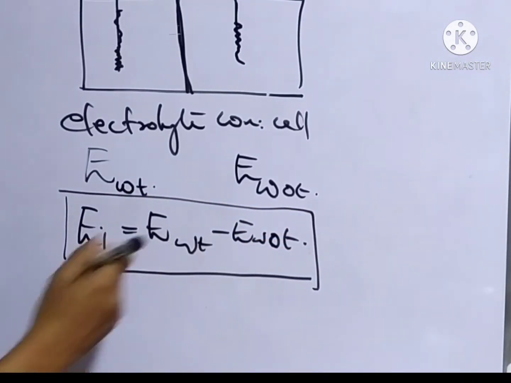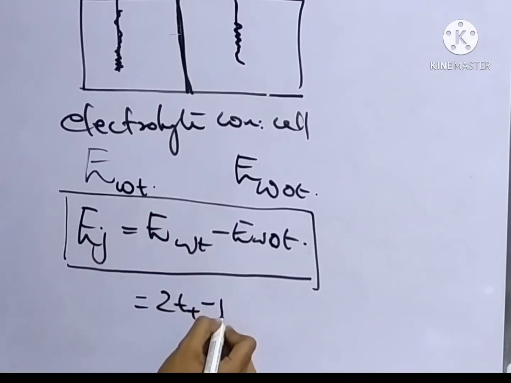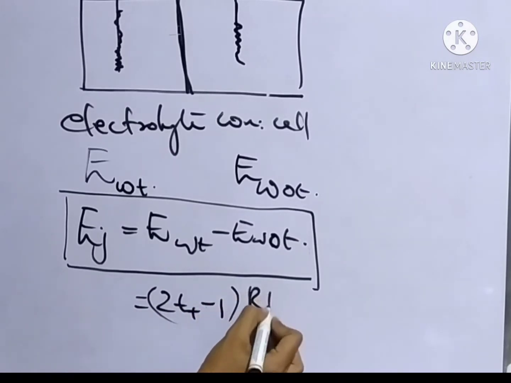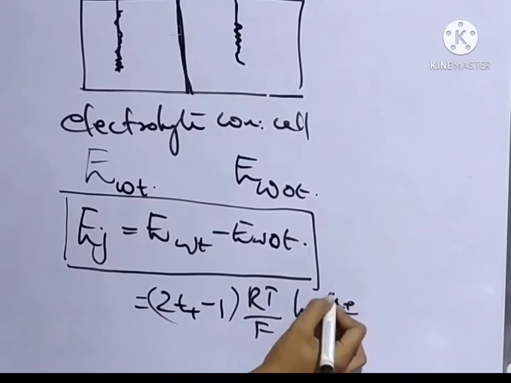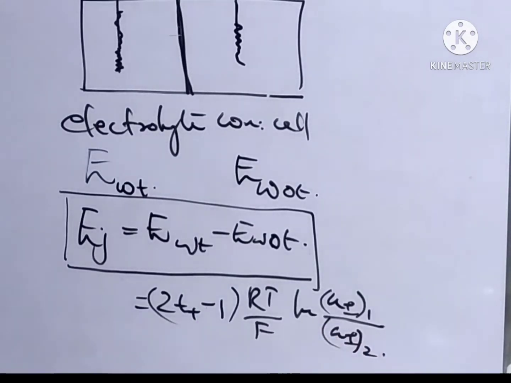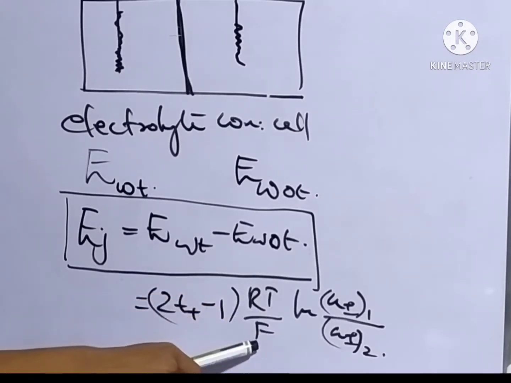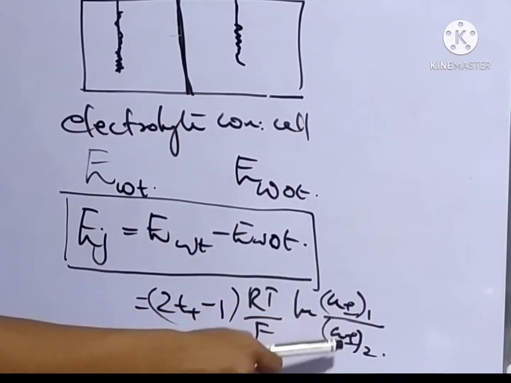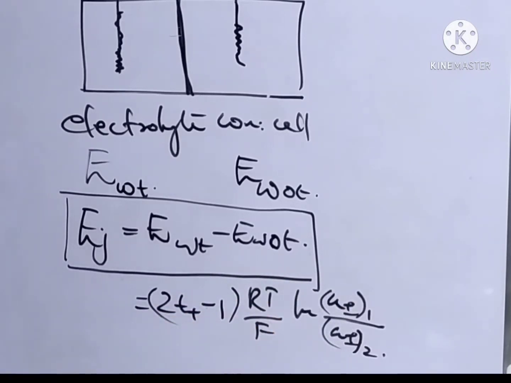And this value is normally equal to (2t± − 1) RT/F ln(a±1/a±2). Here t is the transference number, R is the gas constant, T is temperature, F is Faraday's constant, and a±1 and a±2 are activities.